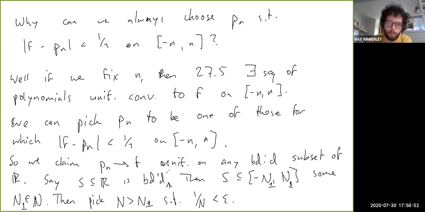Then |Pn - f| is less than epsilon for all n greater than this capital N.